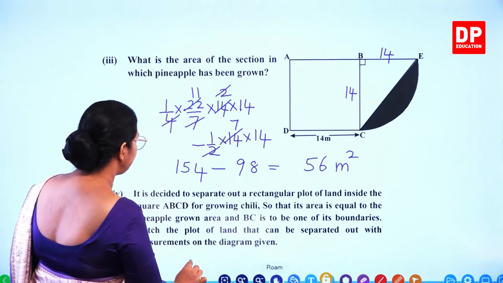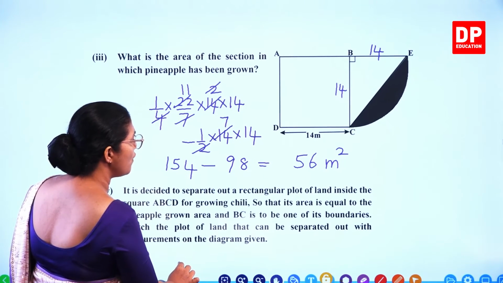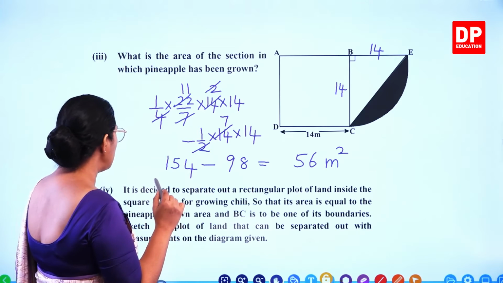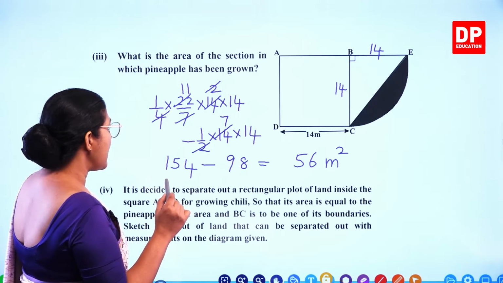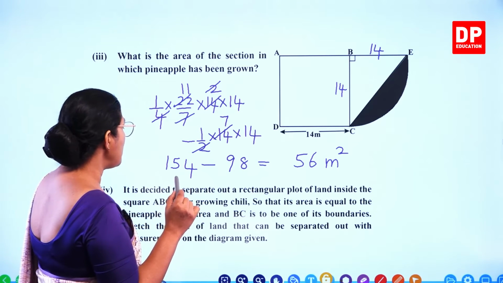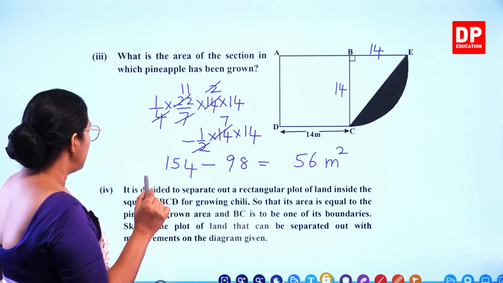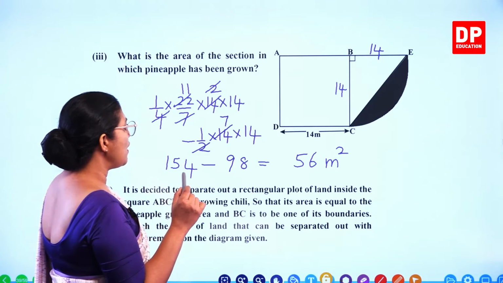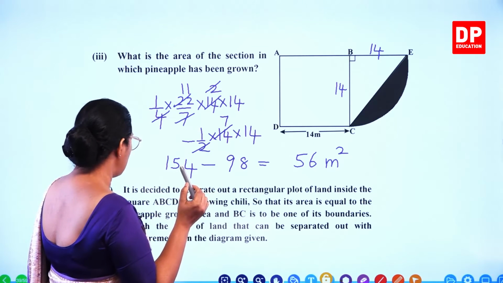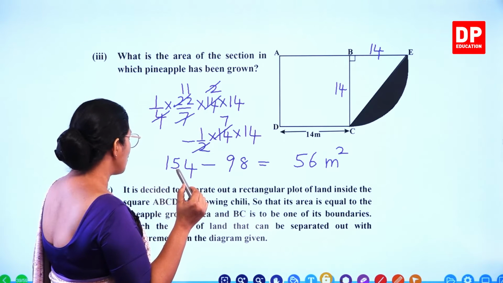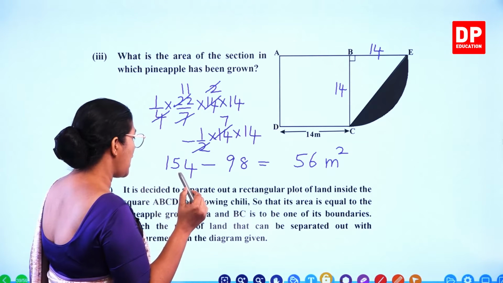Then it says, it is decided to separate out a rectangular plot of land inside the square ABCD for growing chilies, so that its area is equal to the pineapple grown area. So same as 56. BC is to be one of the boundaries here. And you are asked to sketch the plot of land that can be separated out with measurements on the diagram given.